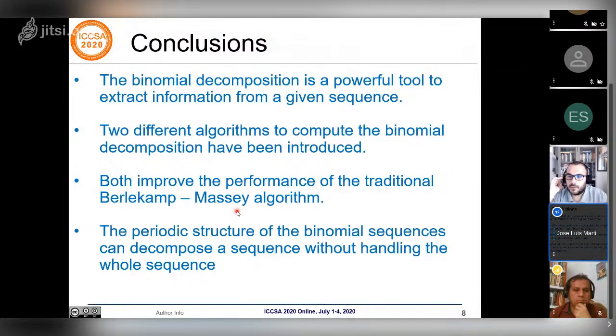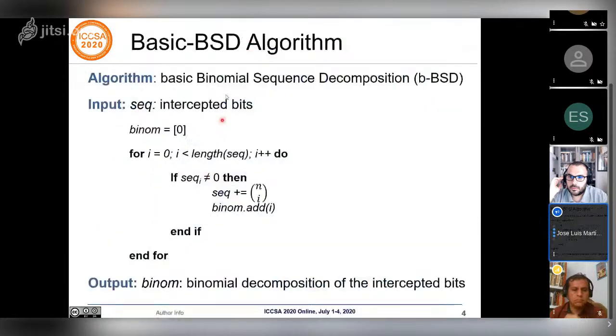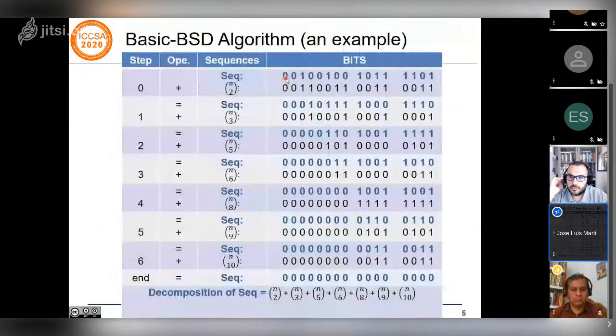So if we are talking about a sequence of length n, we will need double n to use this algorithm. With the basic BSD algorithm, we just need n bits of the sequence to apply it.